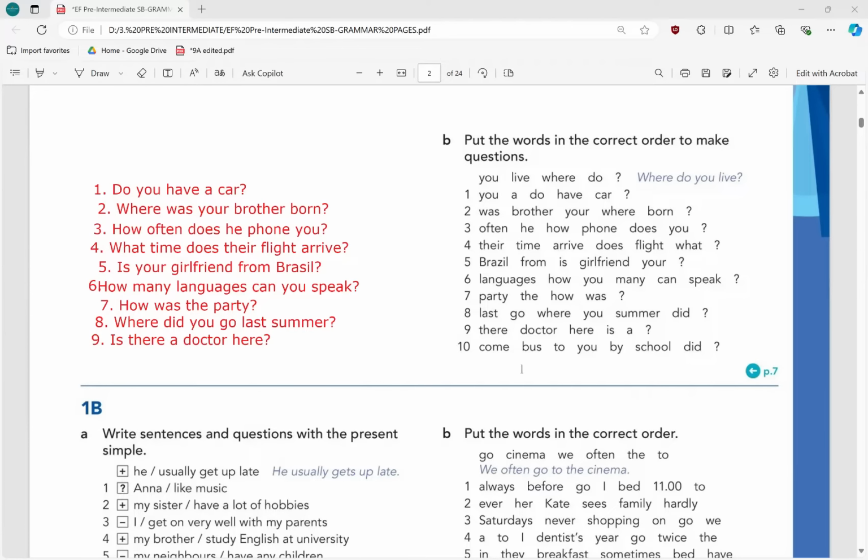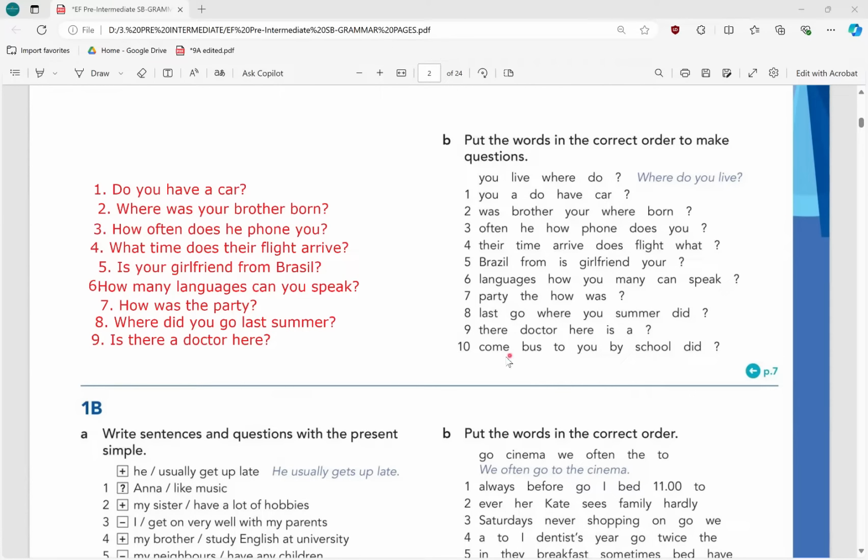Last one, number 10. Come bus to you by school did. So we don't have the question word. So we're going to start with did. And after auxiliary did, I must use subject. The subject is you. Did you? After did you, I must use infinitive, which is verb. So did you come?